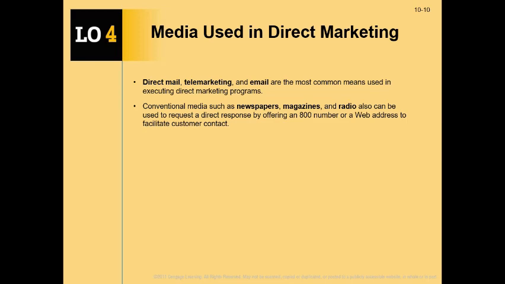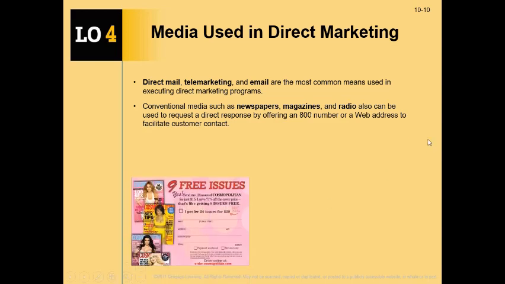Other channels are newspapers, magazines, radio. One more time, these are channels that still, for some segments that are very loyal, that have been shown as consistently keeping those reading habits, media consumption habits.